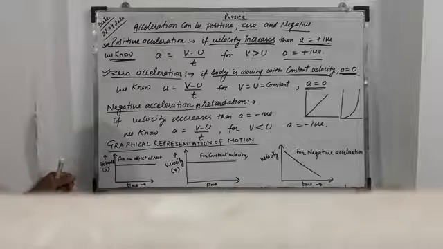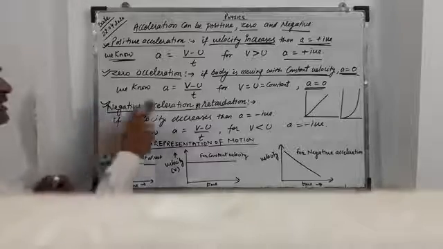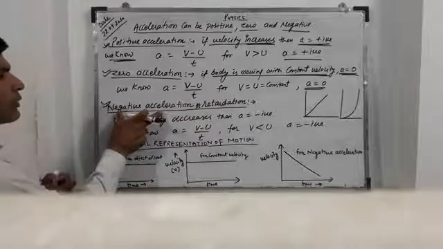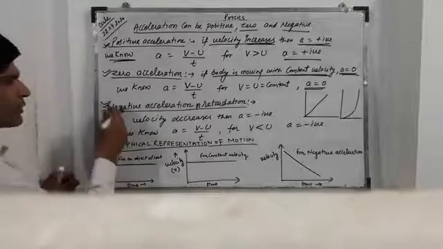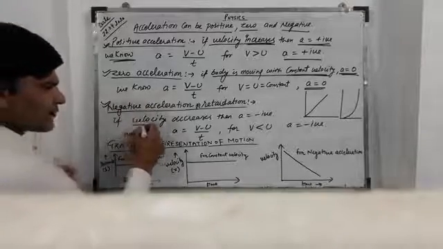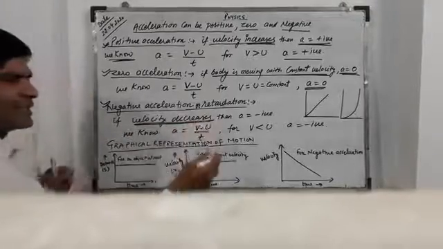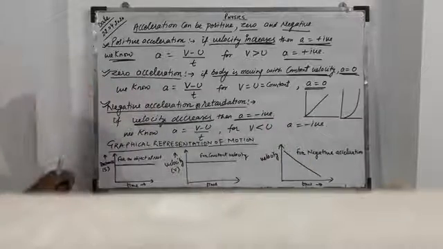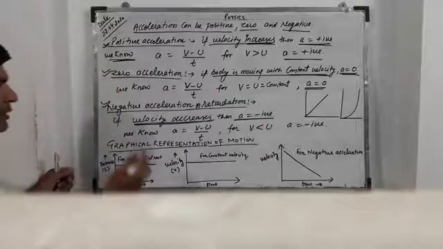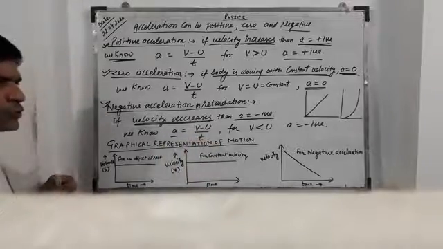Negative acceleration or retardation. Retardation is also known as negative acceleration. What is negative acceleration? If the velocity decreases, then acceleration is negative. We know that a is equal to (v minus u) upon t.